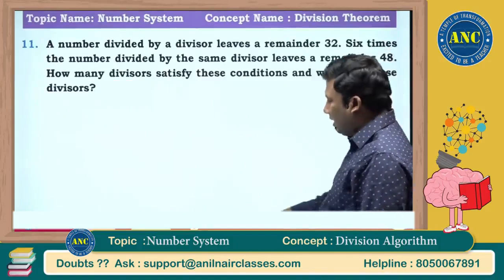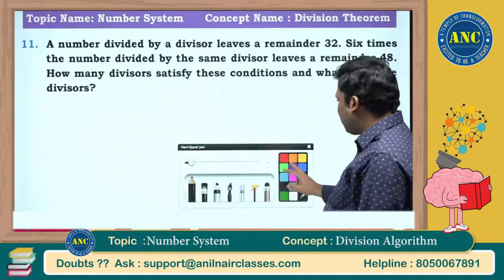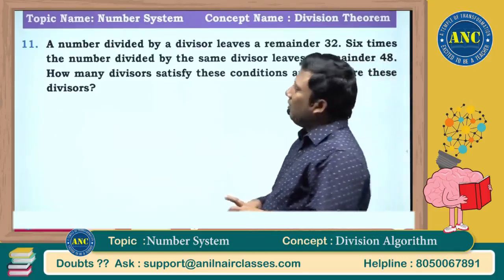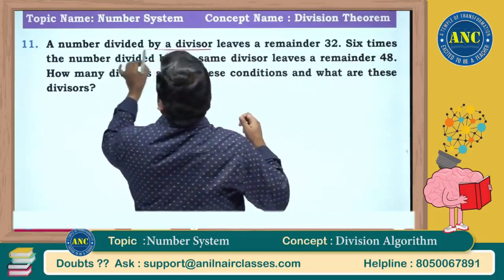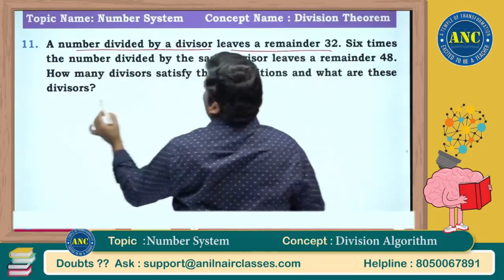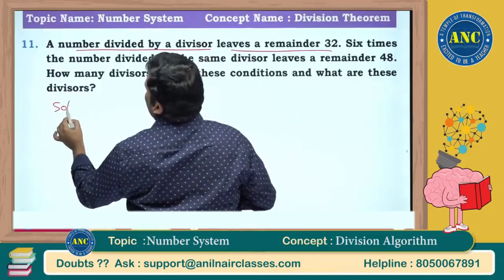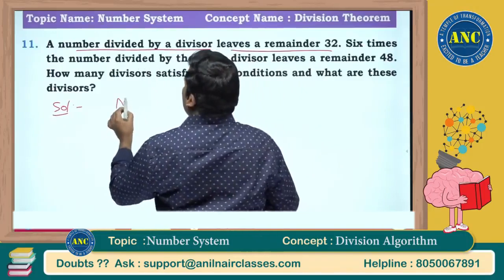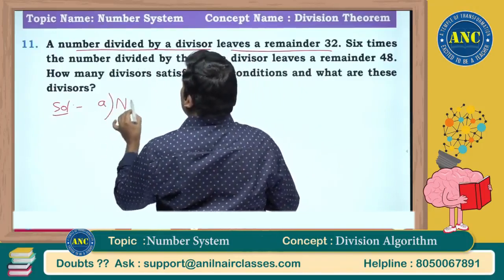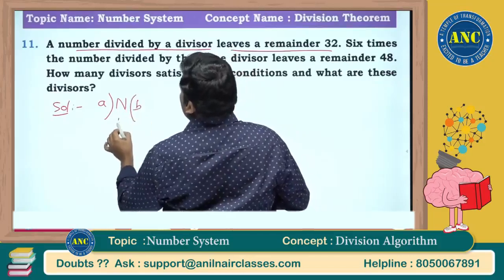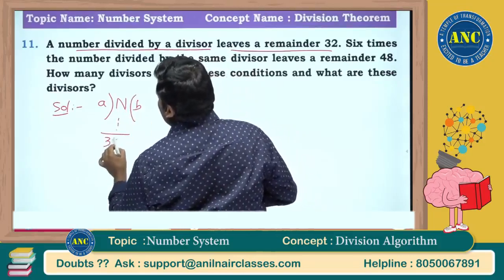See here, 11th question. Read the question, sir. First we will go one by one. A number divided by a divisor leaves a remainder 32. Step by step we will convert it into a mathematical expression. Number, let me call it n.